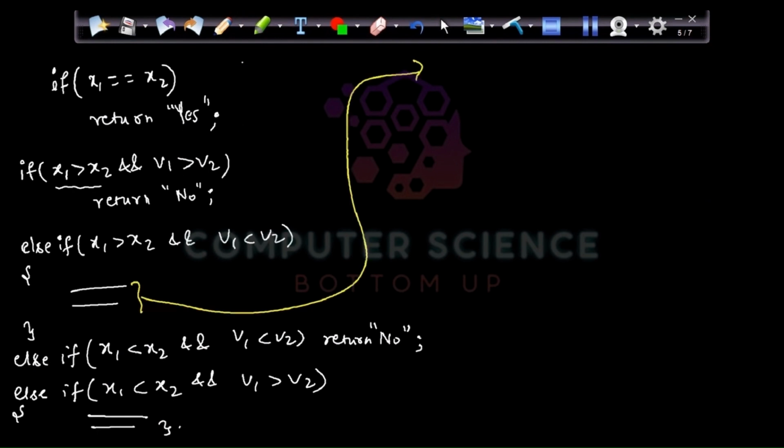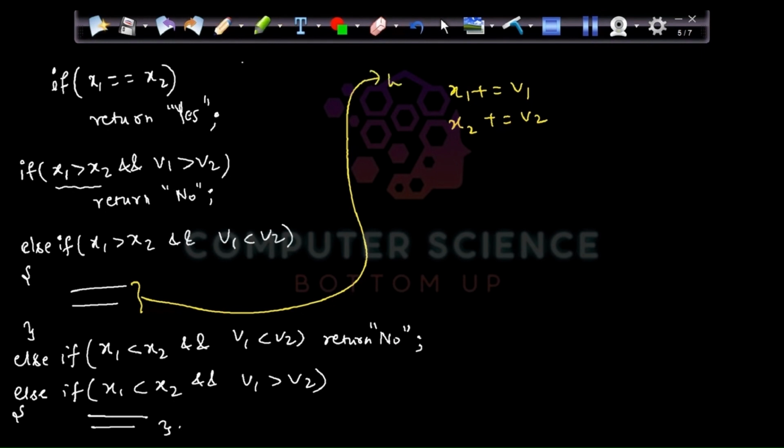Every time Kangaroo 1 takes a step, I am updating the x position that it lands in. Similarly, every time Kangaroo 2 takes a step, I will update x2 with that position. And how long am I supposed to do this?